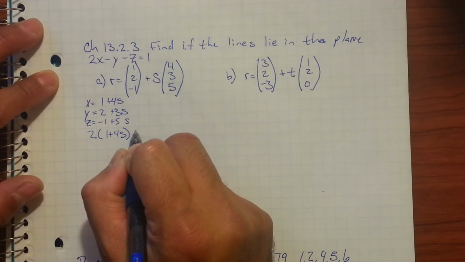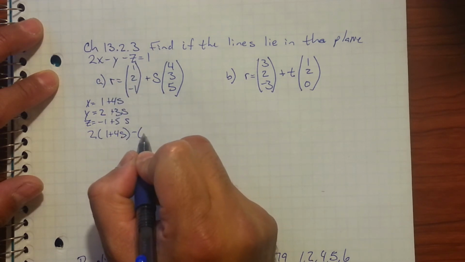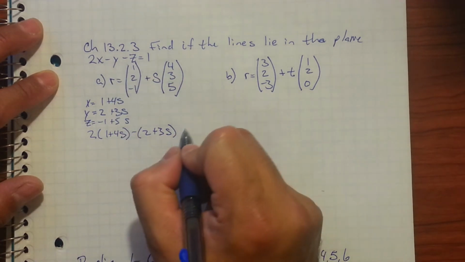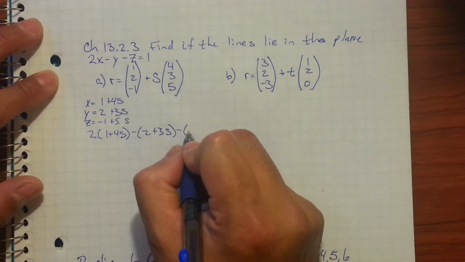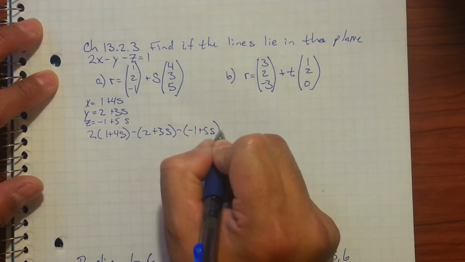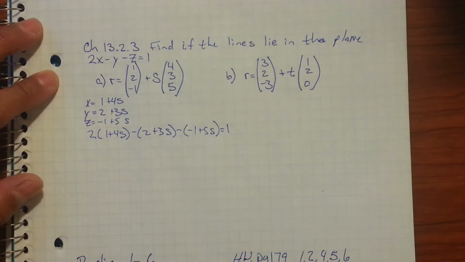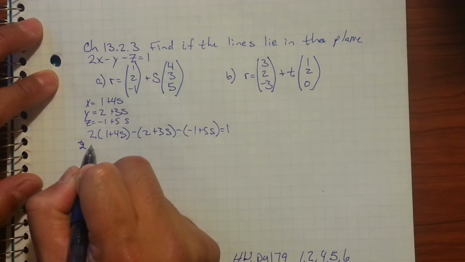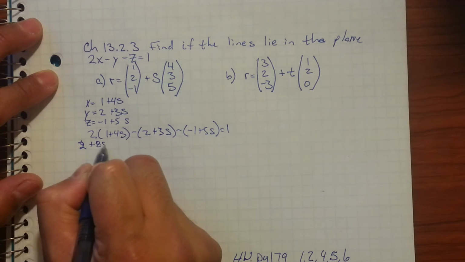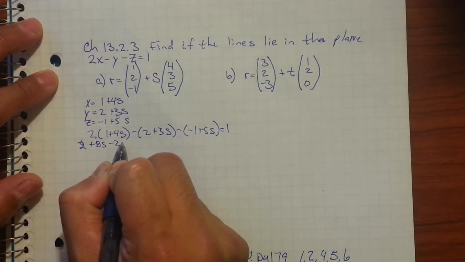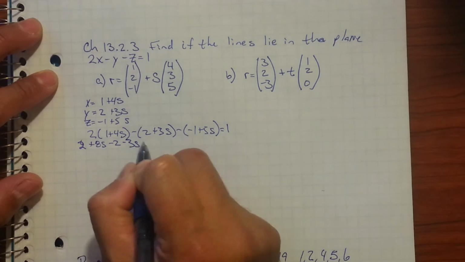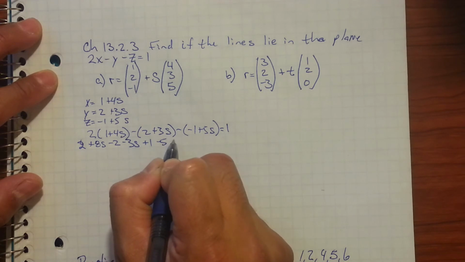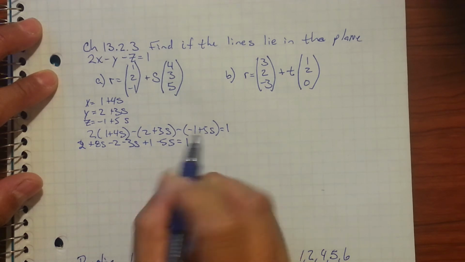Next one is going to be negative, and I get 2 plus 3s, and my next one's going to be a negative again, and it's going to be negative 1 plus 5s equals 1. So let's go ahead and see what we get here. We should get 2 plus 8s minus 2 minus 3s plus 1 minus 5s, and that's equal to 1.